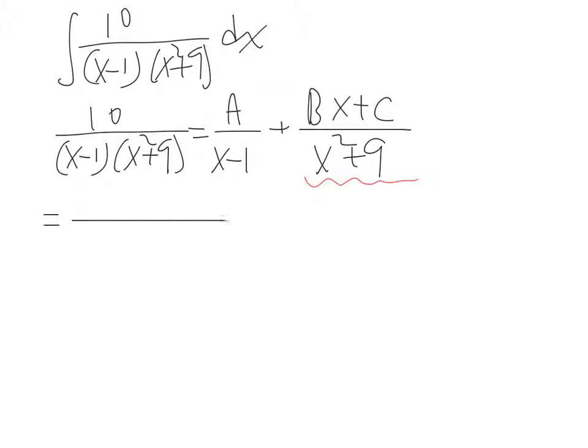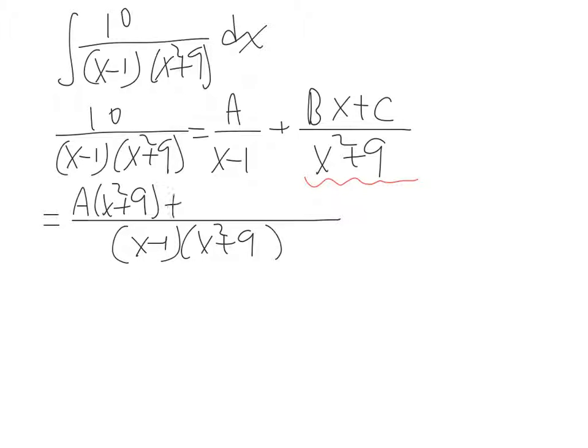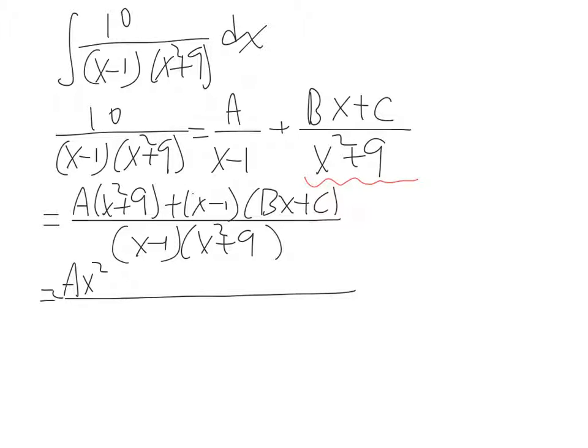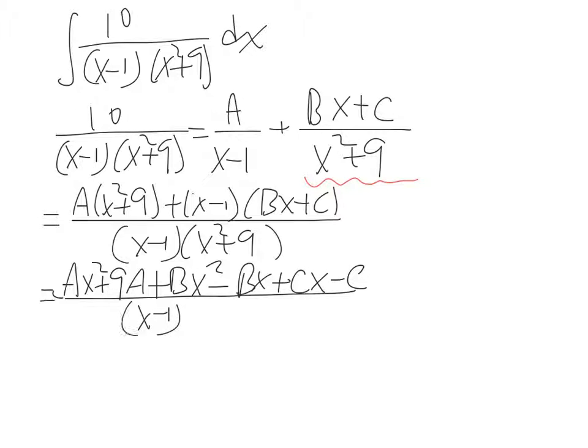And next step, we're going to combine the two partial fractions so that I have A times x squared plus 9 plus x minus 1 times Bx plus C. And we combine this as Ax squared plus 9A plus Bx squared minus Bx plus Cx minus C over x minus 1 times x squared plus 9.